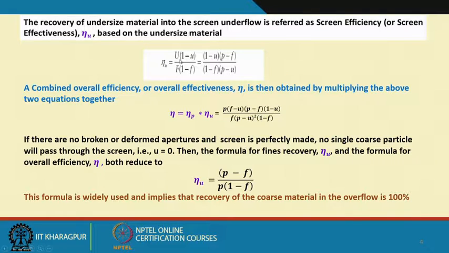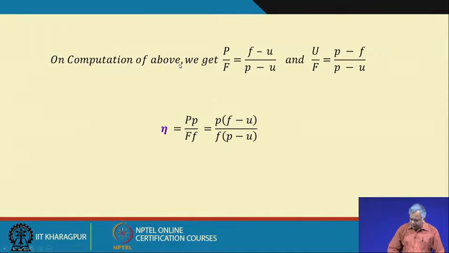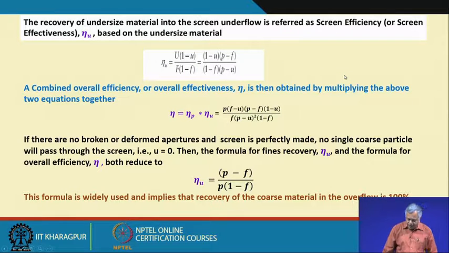So, that is defined as capital U multiplied by 1 minus small u. 1 minus u will be the fraction of the undersized material you have got in the underflow, and how much of that was available undersized material, that is 1 minus small f multiplied by capital F. And if you replace this u by the f value we have written here, that is p minus f divided by p minus u, then you can write this equation as 1 minus u divided by 1 minus f multiplied by p minus f divided by p minus u.